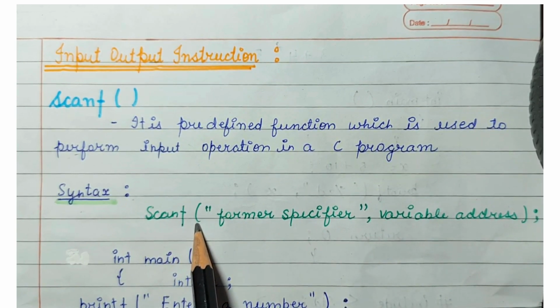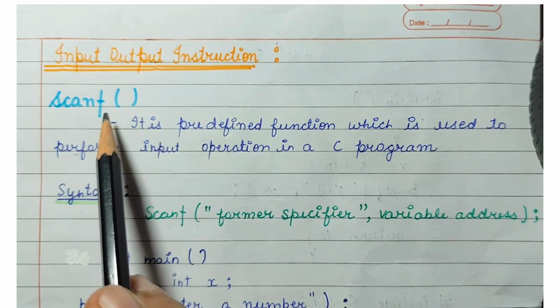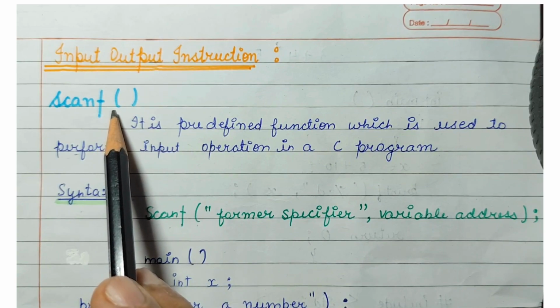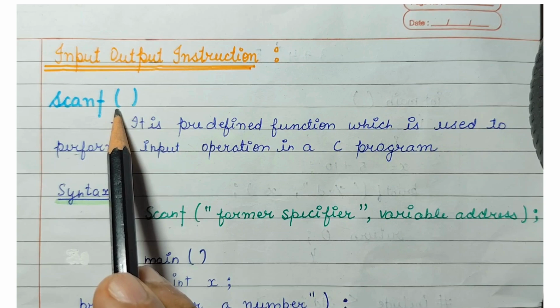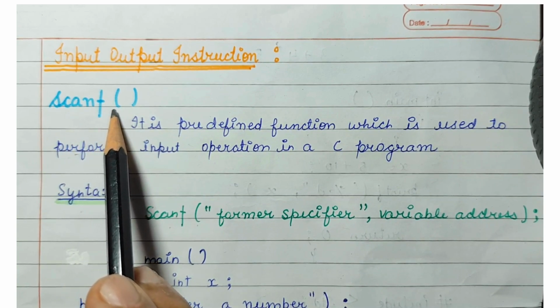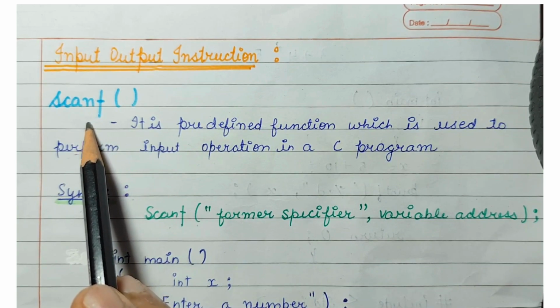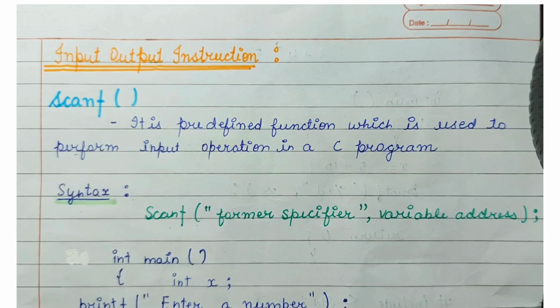These round brackets identify that scanf is a function, because in code wherever you encounter round brackets, you understand automatically that it is a function, because round brackets are used only for functions in the C and C++ programming languages.